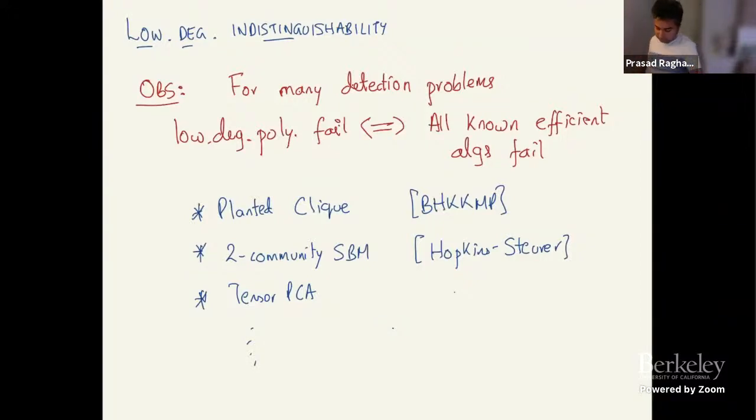This has happened in many cases, like the planted clique, the two community stochastic block model, the tensor PCA, and many others. What's very nice is that you can use the low degree polynomials class as a way to figure out the threshold at which the problem should become hard, and it matches our existing ideas about when the problem should be hard.